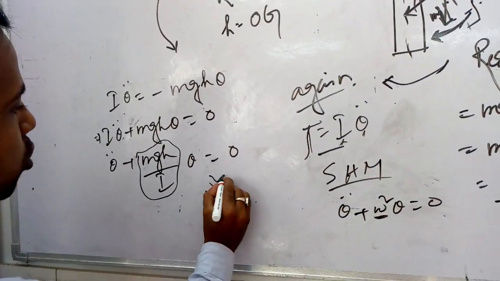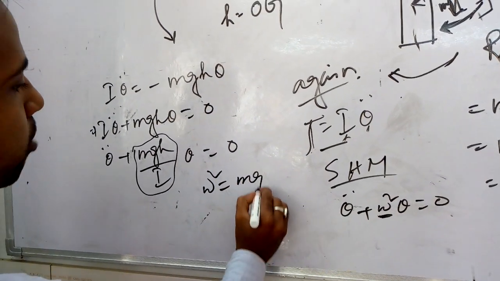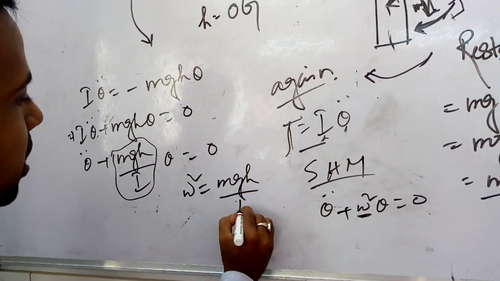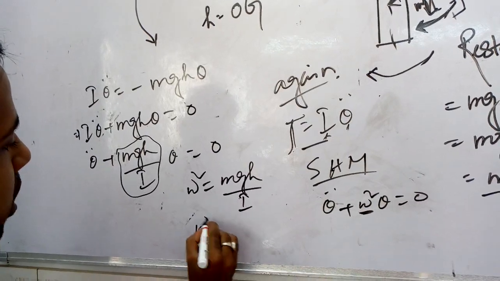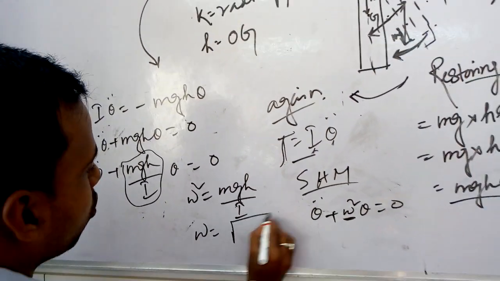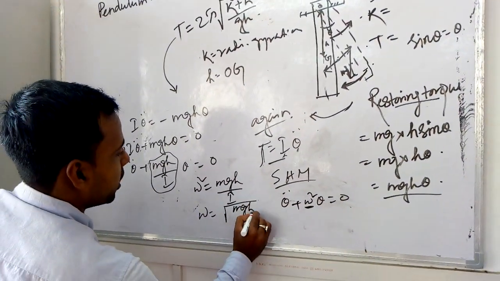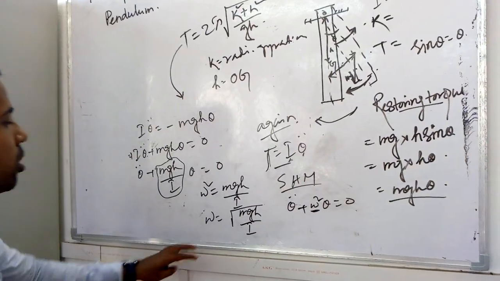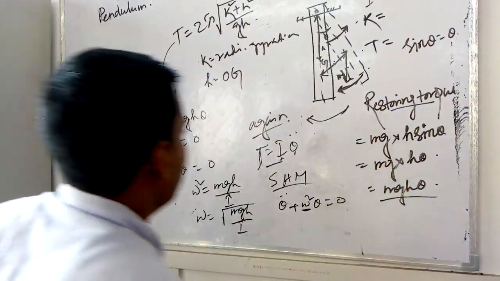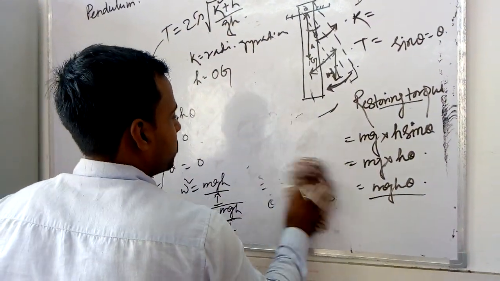So we can equate omega square equals mg h by I, where omega equals root under mg h by I. So we got the value of omega.